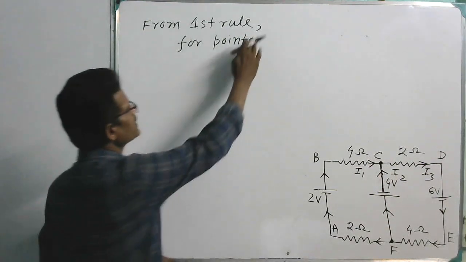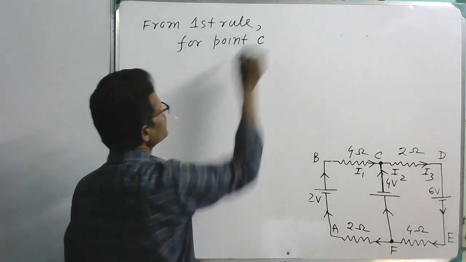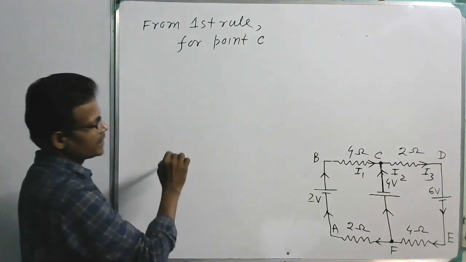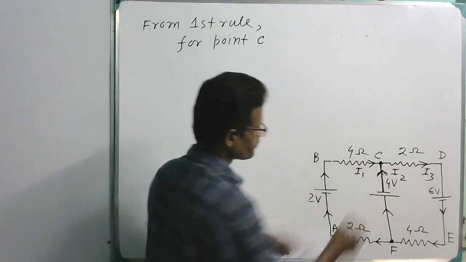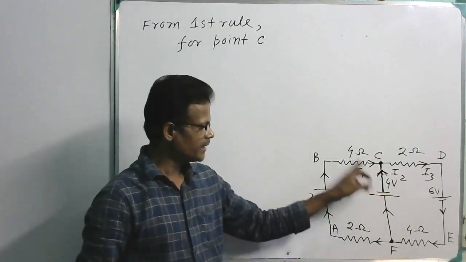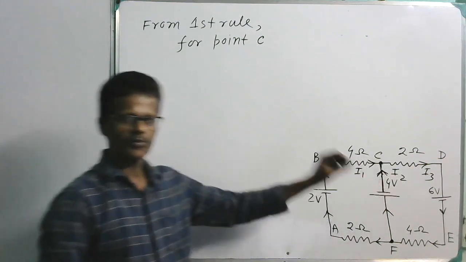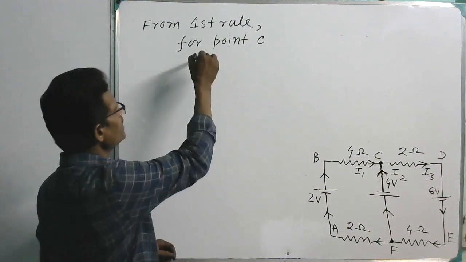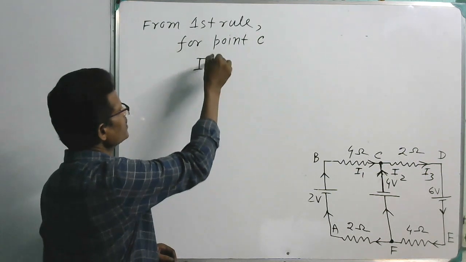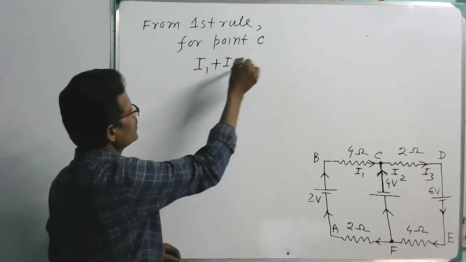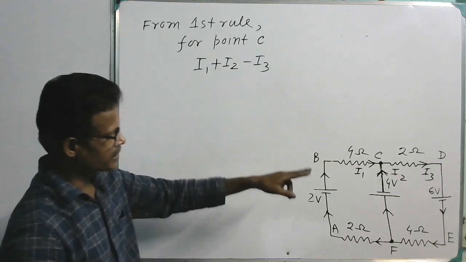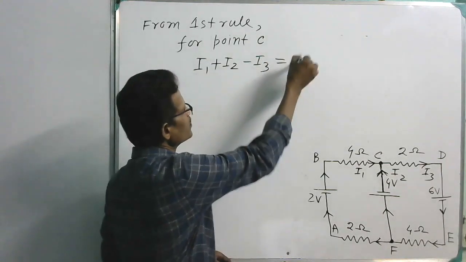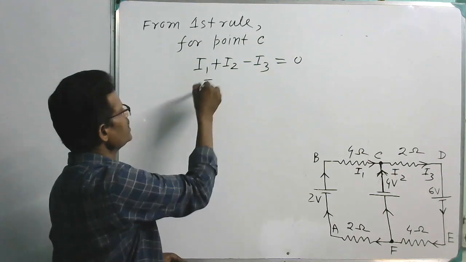Say for point C, these are the currents entering, I1 and I2. Consider those positive, I1 plus I2, then minus I3, which is leaving that junction, equals 0. So you have got one equation.